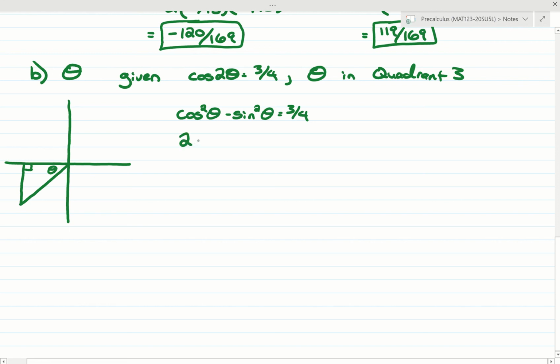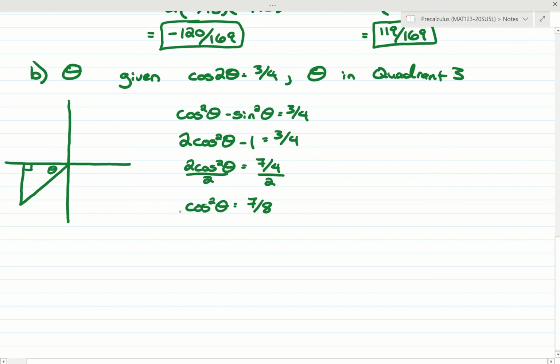Let's use 2 times the cosine squared of theta minus 1 and set that equal to 3/4. Well, if we add 1 to both sides, we get 7/4. 3/4 plus 4/4 is 7/4. Divide by 2, or multiply by 1/2, you get the cosine squared of theta is equal to 7 over 8.